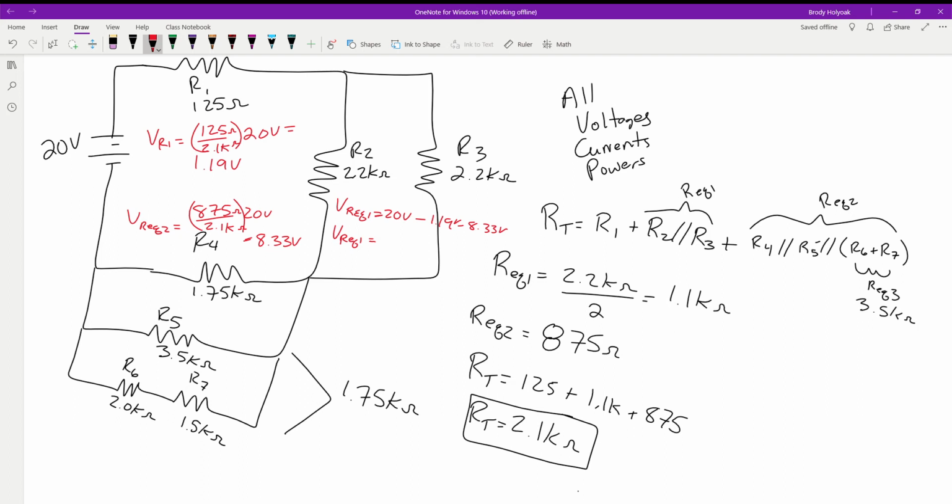It's an equals. And so what's our voltage drop across that first parallel network? Everybody good with how we got that?